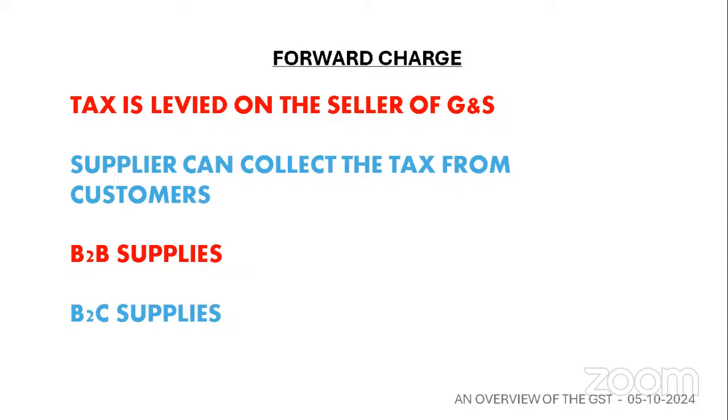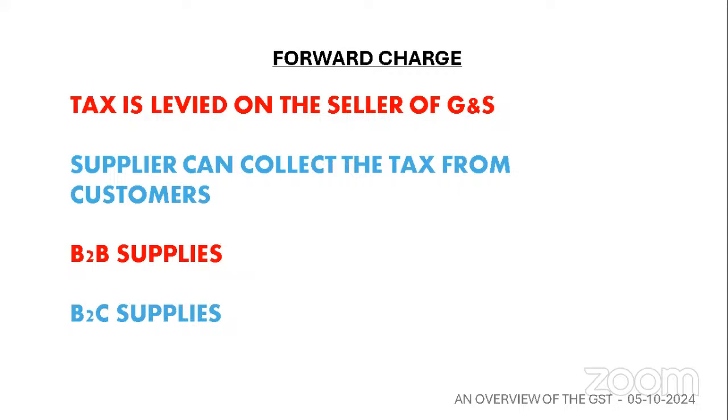Therefore, the situation is like this. One particular customer has purchased an electronic gadget. He has paid the price of the gadget and also an extra amount of 9,000 to that dealer, and that dealer who has collected this extra 9,000 will remit it to the government.